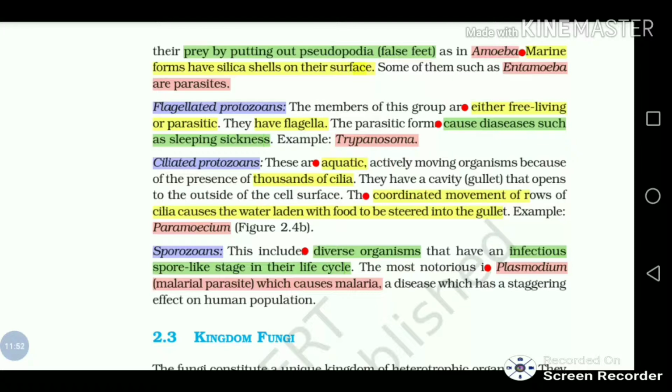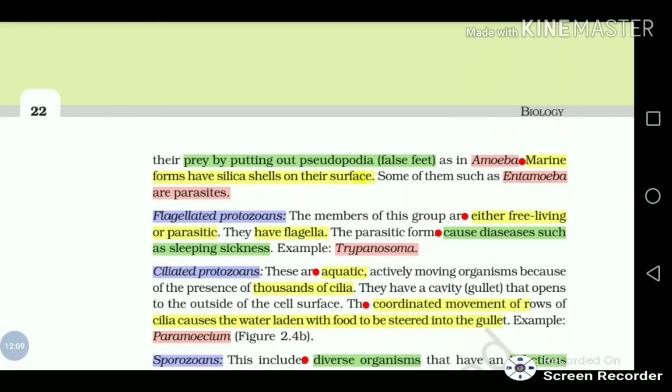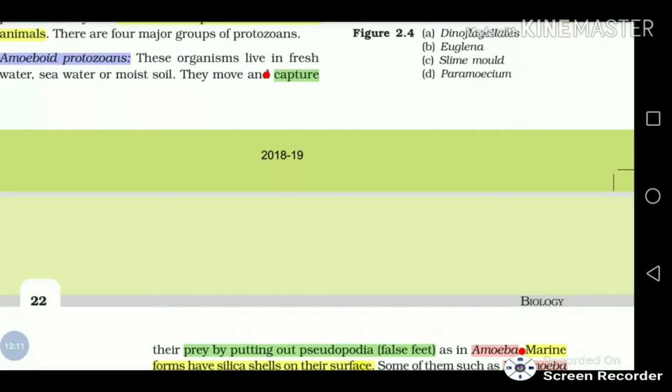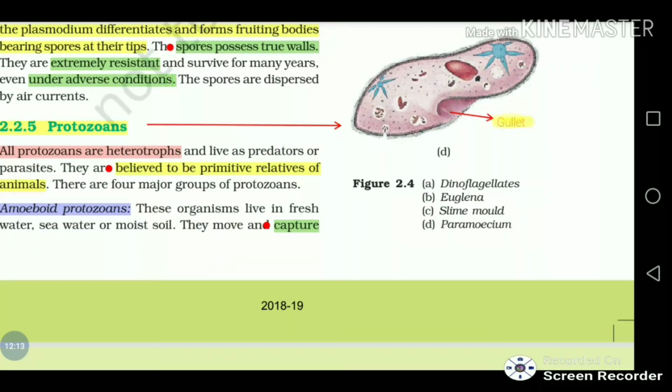Then the third group of protozoan is the ciliated protozoans, and these are aquatic and they have thousands of cilia, and the coordinated movement of these cilia causes the water laden with food to be steered into the gullet. What is this gullet? It is the narrow cavity to bring the water into its body, taking food from the surroundings.